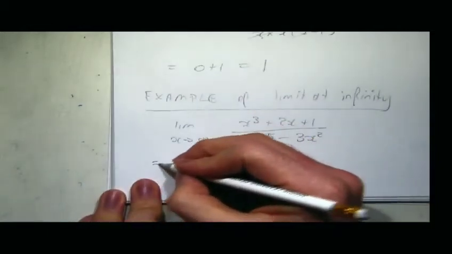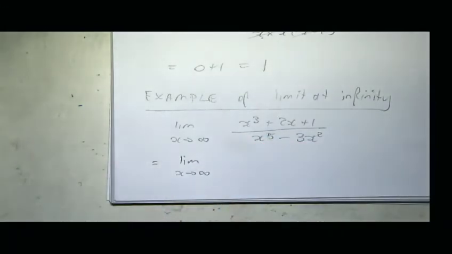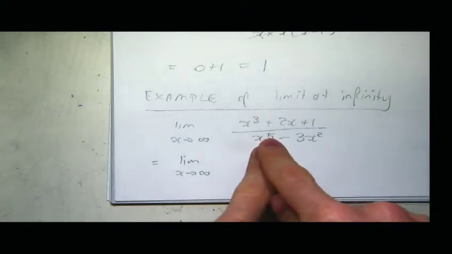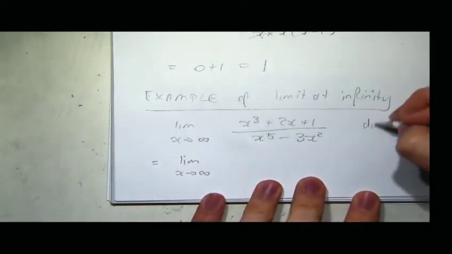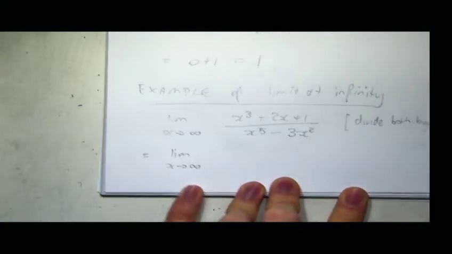So what I'm going to do is divide the top and the bottom of my fraction by the biggest power I see anywhere in the whole fraction. The biggest power I see anywhere in the whole fraction is x to the 5. I'm going to divide them both by x to the 5.